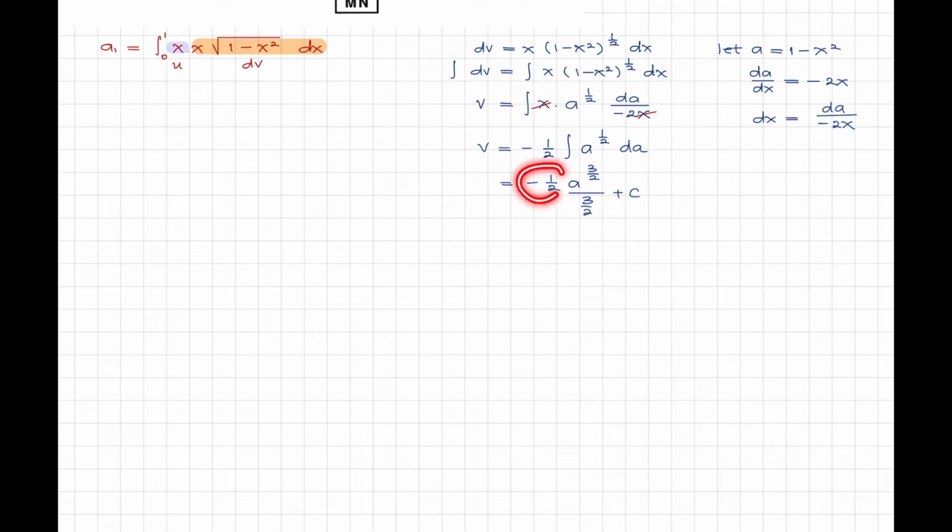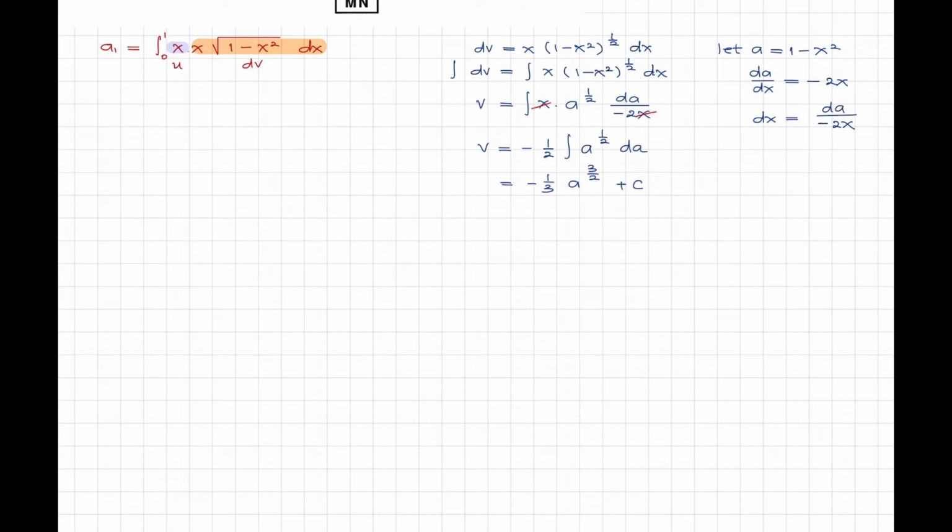If we simplify half divided by 3 over 2, we obtain negative 1 over 3. So this becomes negative 1 over 3, plus c.